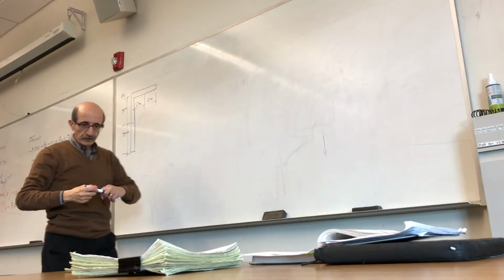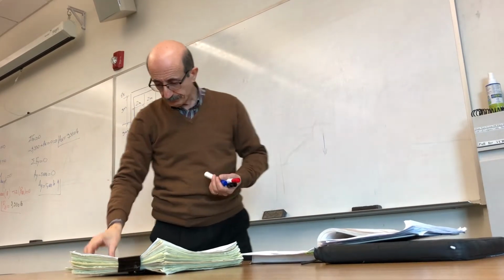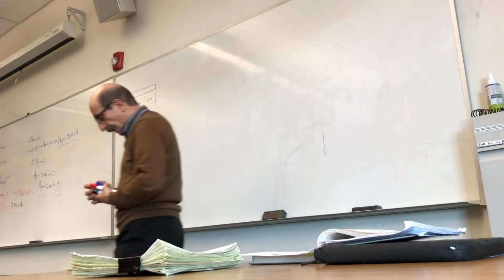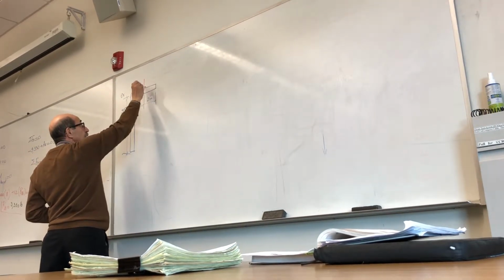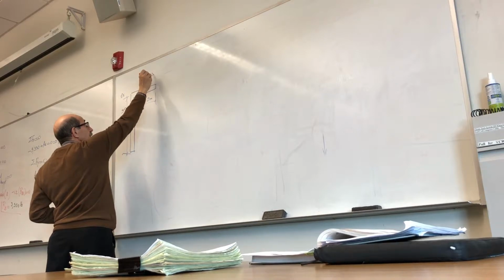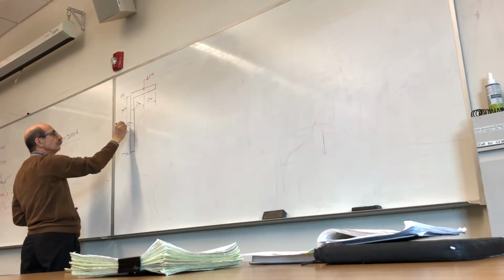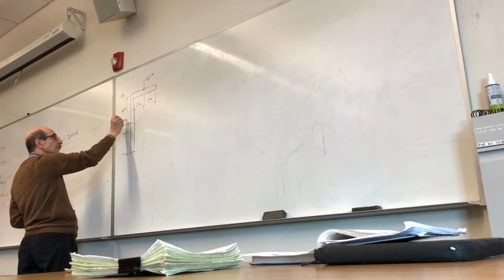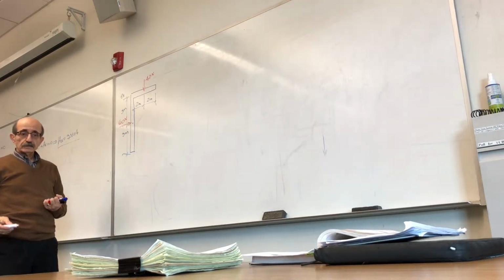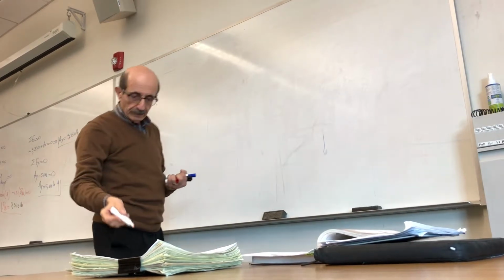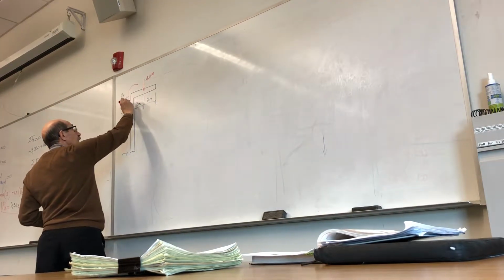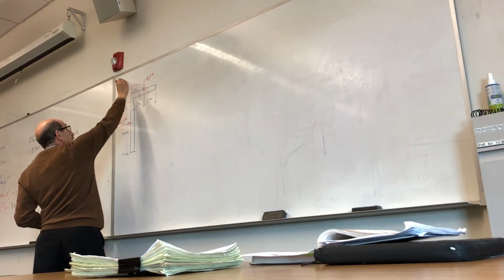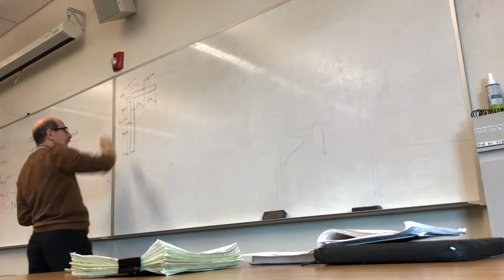There are two forces acting on this frame. 40 Newton downward here, 60 Newton force laterally in this direction. You also have a concentrated applied moment of 20 Newton meter.